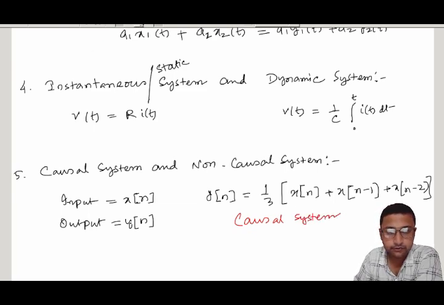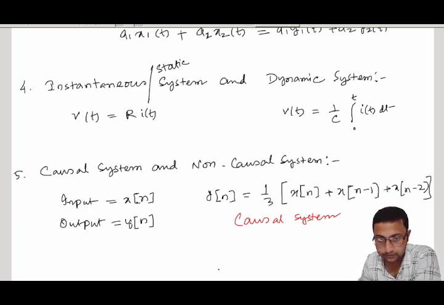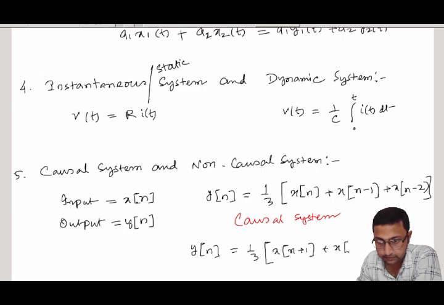And if we write an example of a non-causal system, suppose y[n] will be one third, this is the moving average, of x[n plus 1], x[n], and x[n minus 1].